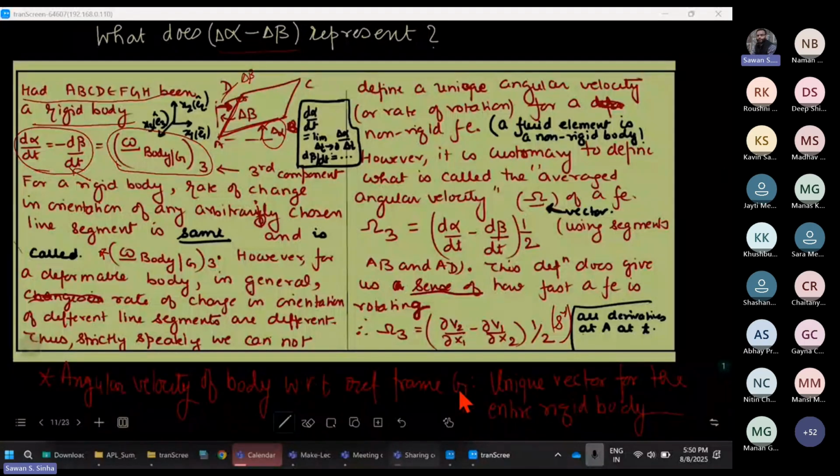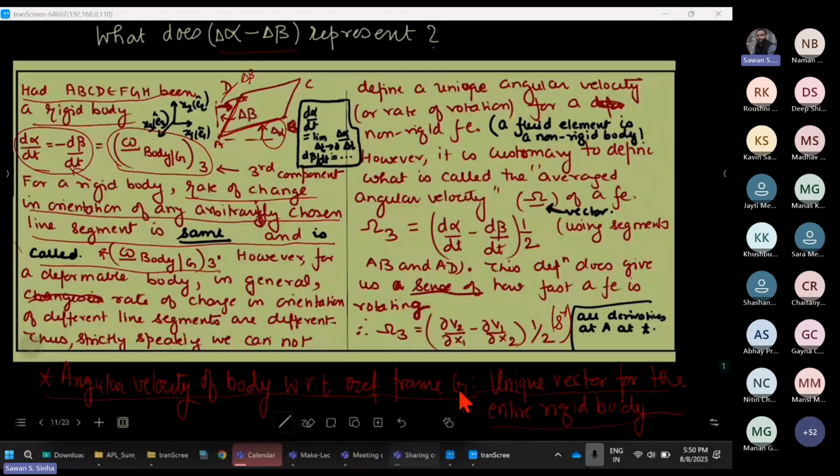For a rigid body, rate of change in orientation of any arbitrarily chosen line segment is always the same and is called the angular velocity of body with respect to the reference frame in context. And that quantity is a unique vector for the entire rigid body.